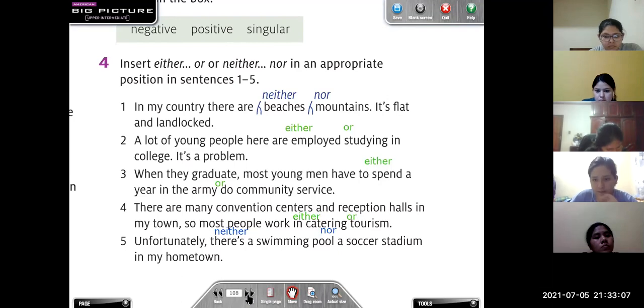Unfortunately, Santa Cruz is neither, no podríamos decir is neither, sino has neither beaches nor sea. ¿Ok? Y no es necesario decir Santa Cruz City, porque ya sabemos que Santa Cruz is a city, right?